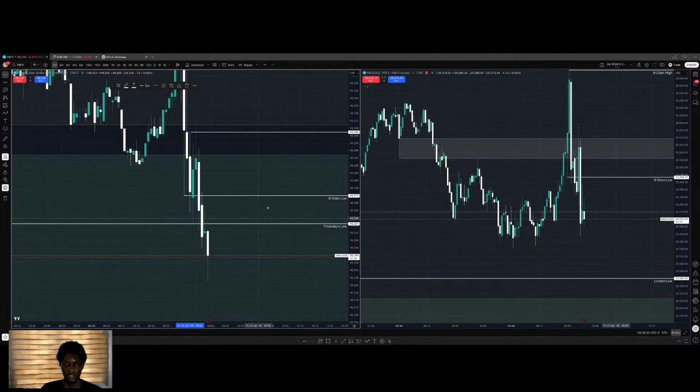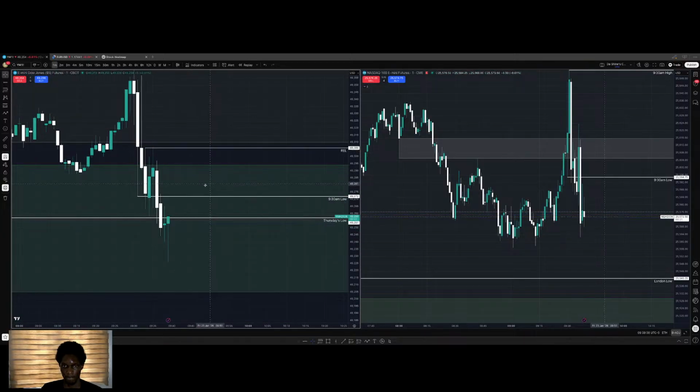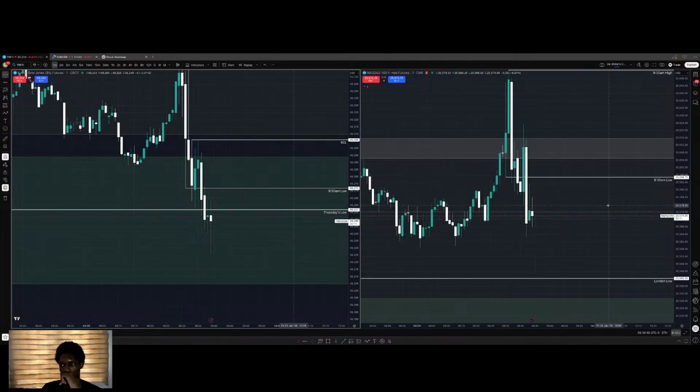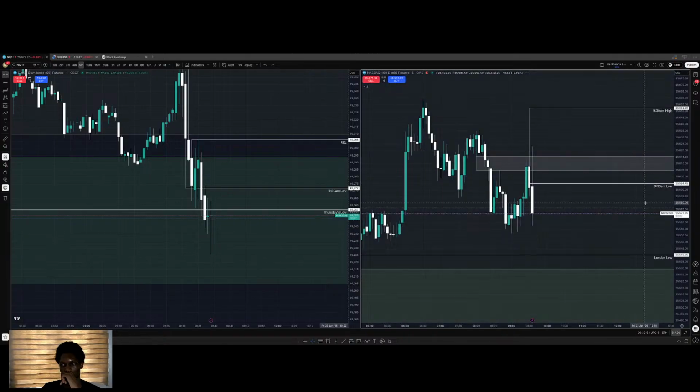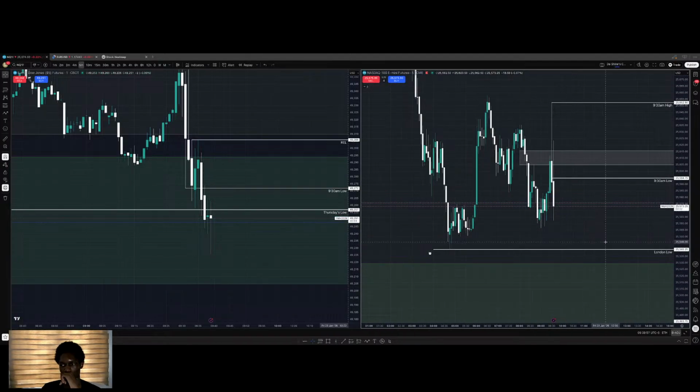So we have news in 6 minutes. And we didn't form a fair value gap, just balanced price ranges. So we might take this liquidity out on NQ, maybe with the news.